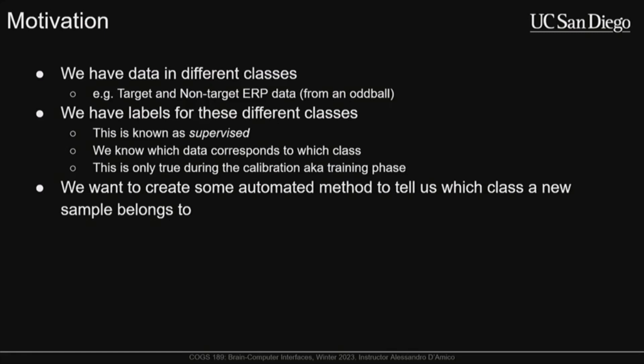So if I have an ERP, I know that it's either from the target or non-target class, not just by looking at the ERP, which might be obvious, but I actually have a real-world label that tells me that was a target or that was a non-target. Whenever we're training a classifier on data that we have the labels, it's known as a supervised method. And when you don't have labels, it's called unsupervised. And there are things in between, like semi-supervised, but take a machine learning class if you want to learn about that.